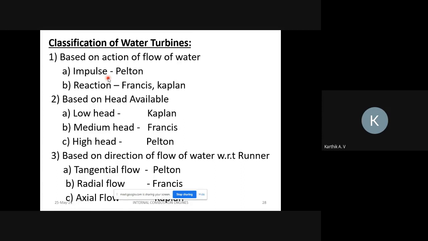Navya, Akash. Yes, sir. What is an impulse turbine? Direct turbine. Direct. Akash.